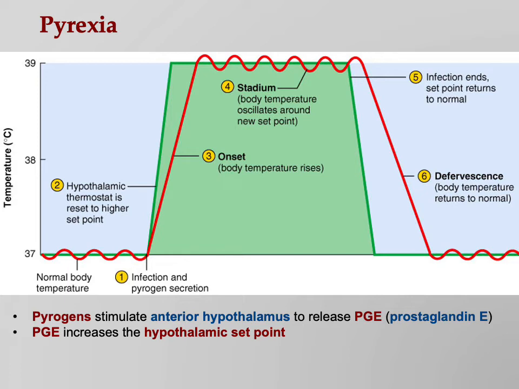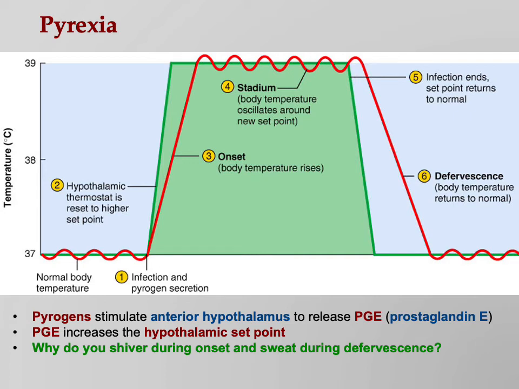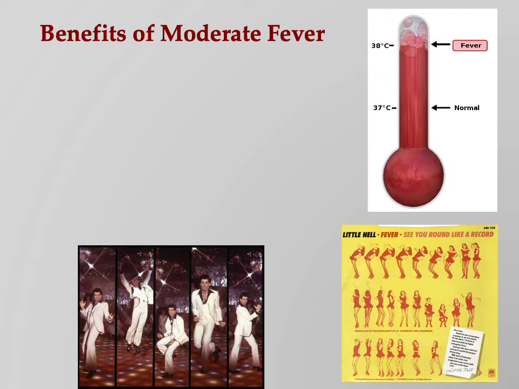Therefore, your hypothalamus is no longer going to try to maintain you at 39. So how is your hypothalamus going to bring you back to normal? By sweating. Isn't that cool? Now you know why you get the chills and you shiver when the fever starts and why you sweat when the fever is over. That's the way your hypothalamus changes your body temperature. Why do you shiver during onset and sweat during defervescence? We just talked that through.